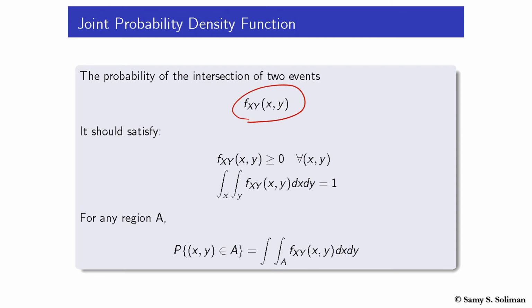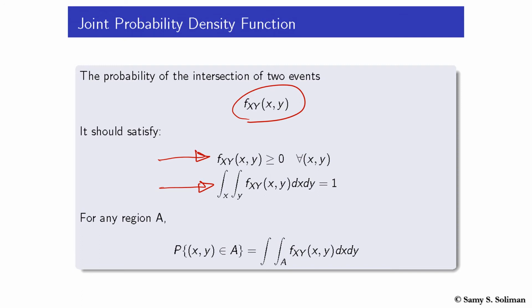As with any probability density function, this should satisfy the main conditions that it is always larger than or equal to 0, and that the integration of all the joint distributions for all possible values of x and y is equal to 1.